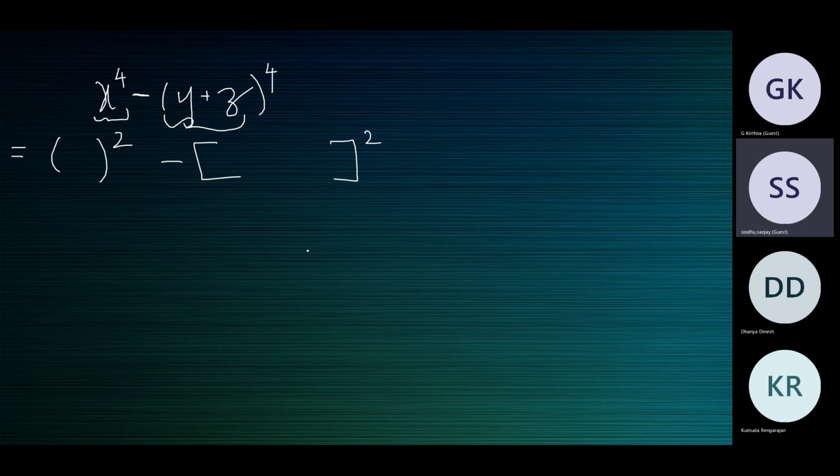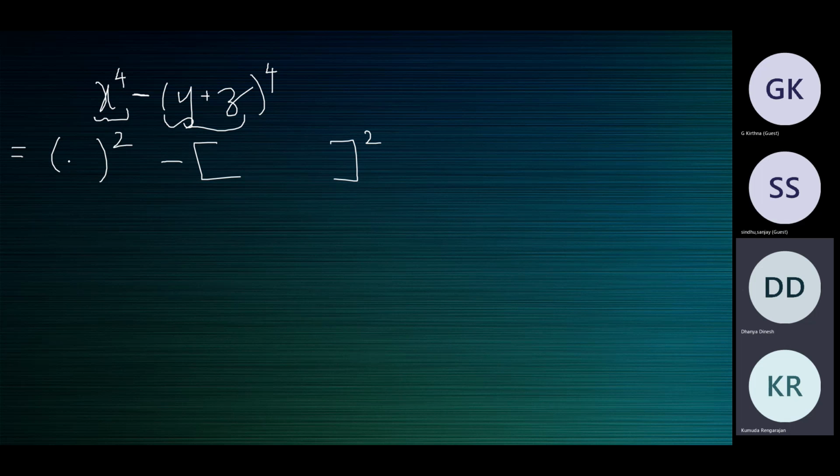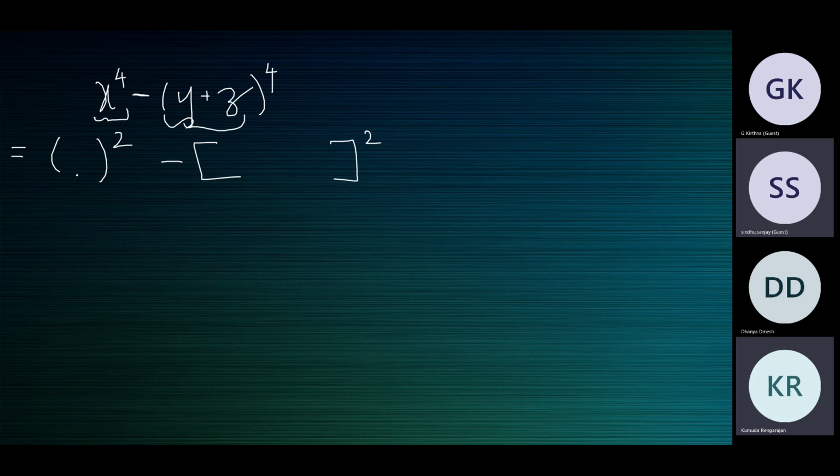Ma'am, x square, x square square minus y plus z the whole square, ma'am. What you see here is you need to express the given expression in the form a square minus b square. Since there are x, y, and z in the given expression, let's use a and b.